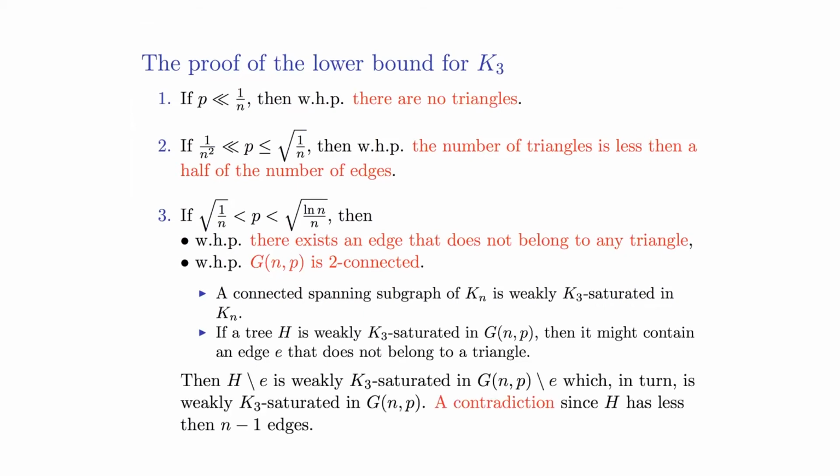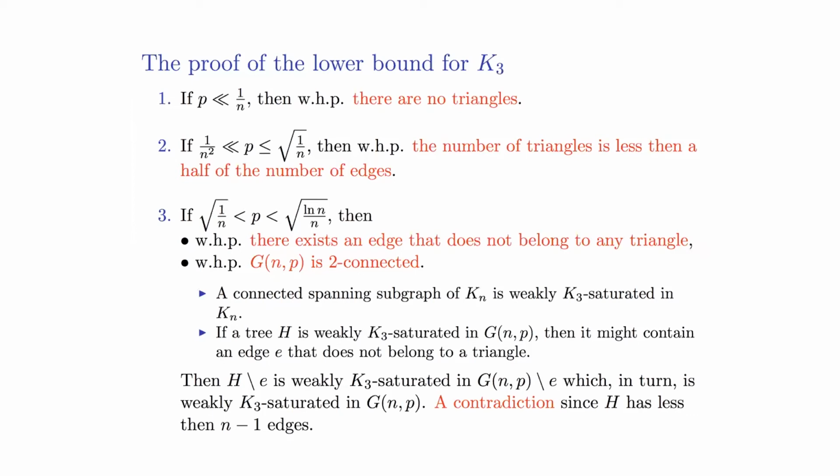So if we remove from H the edge e, then we get a weakly K3-saturated subgraph of G(n,p), from which we also remove this edge. But this leads to a contradiction because H is not connected. It contains fewer than n-1 edges.